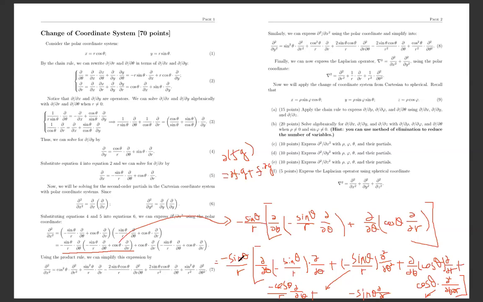All right, the whole thing multiplied by minus sine theta over r. So that's why you will have a sine theta cosine theta over r squared of partial theta.